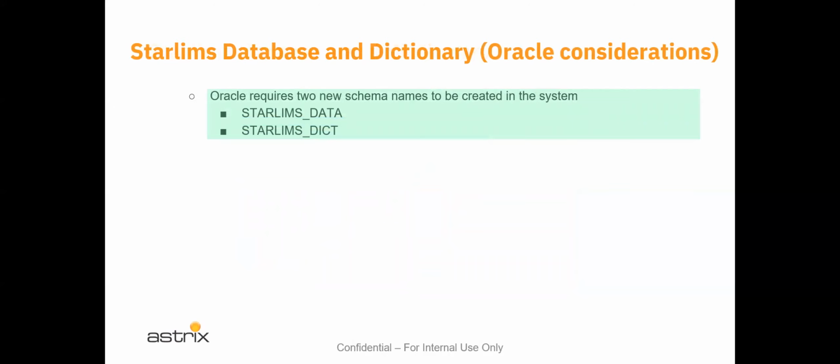Oracle has a little bit of a different scheme with their database naming convention, and schema names are more referencing an Oracle environment. I've not really heard schema being used with Microsoft SQL, but the STARLIMS system does require these two names, STARLIMS Dict and STARLIMS Data, referencing our two-part database system.